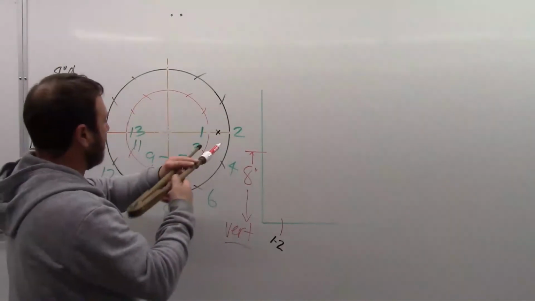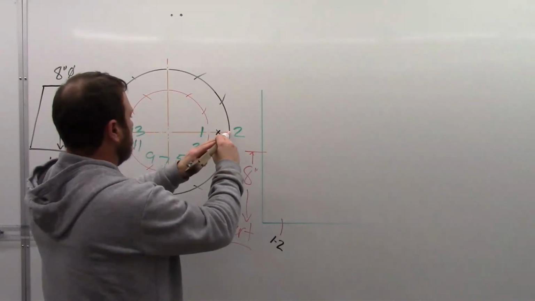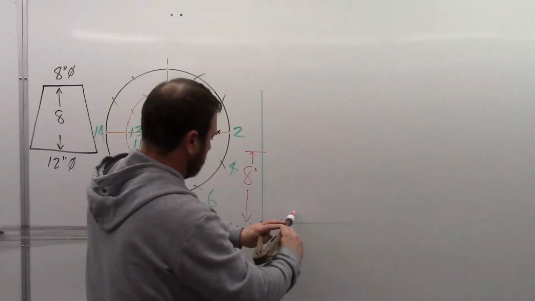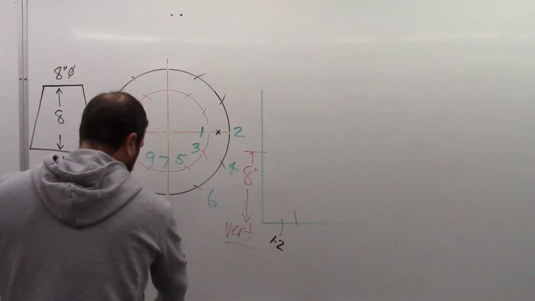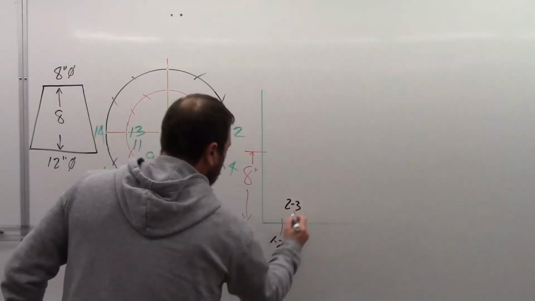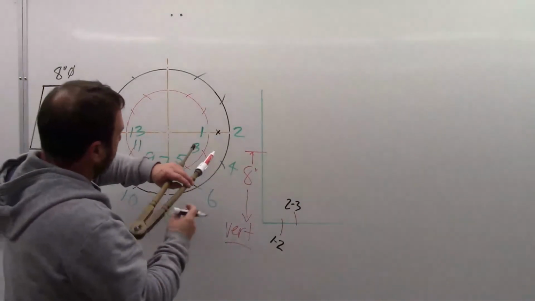Okay, then I'm going to take 2, 3. Dash 3, and so on.